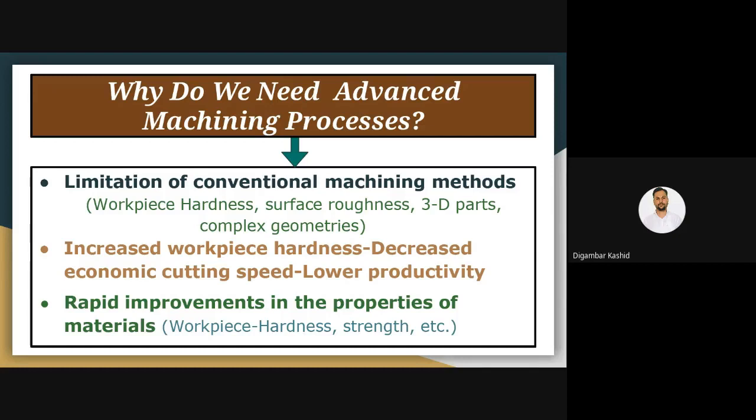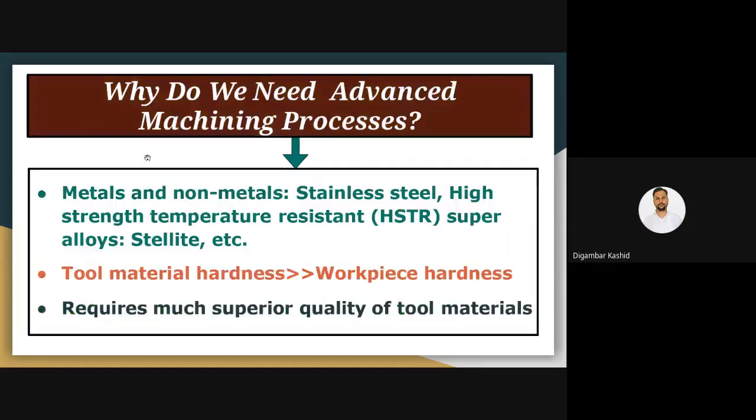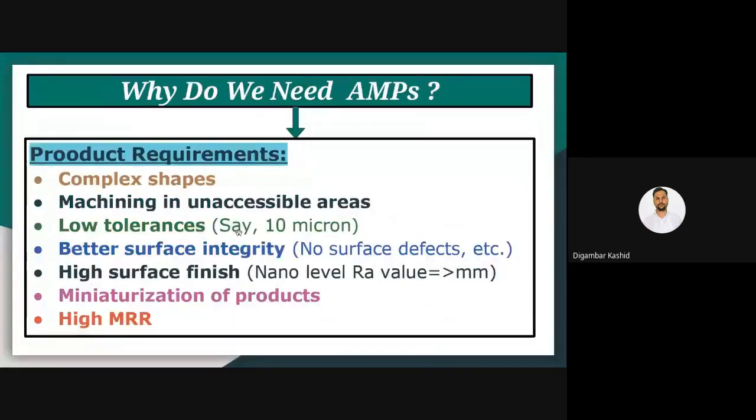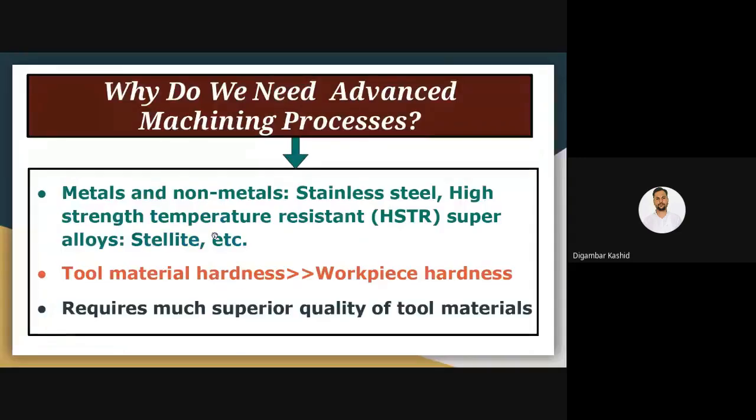So again the problem arises, and the solution of all these problems is advanced machining processes. Using these advanced machining processes, you can do the machining of high strength or hard materials, and there is no barrier of hardness either.